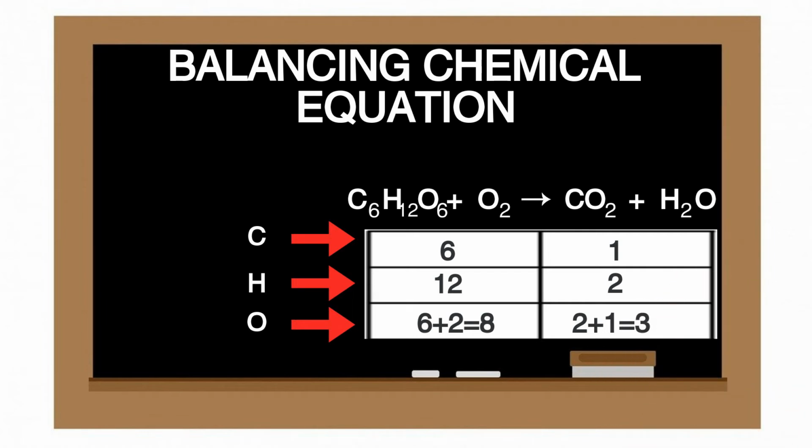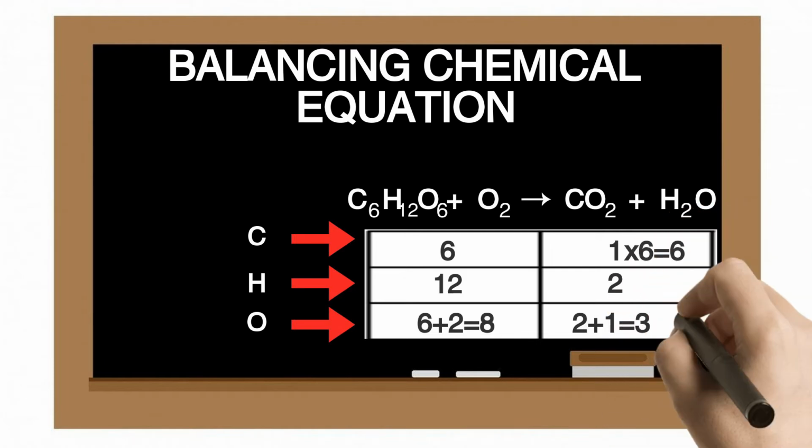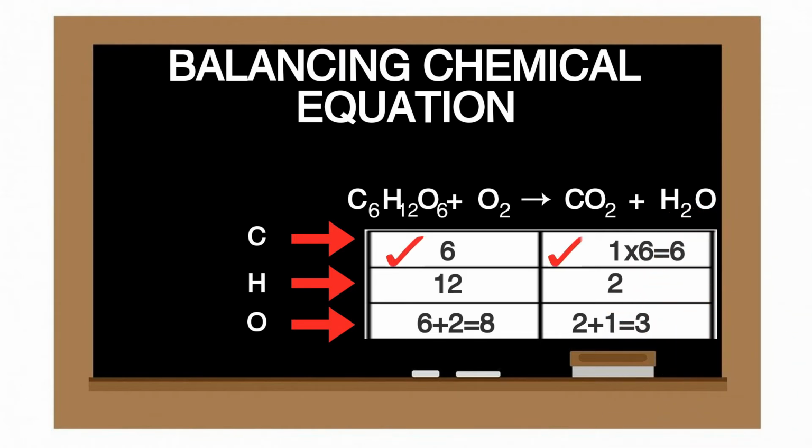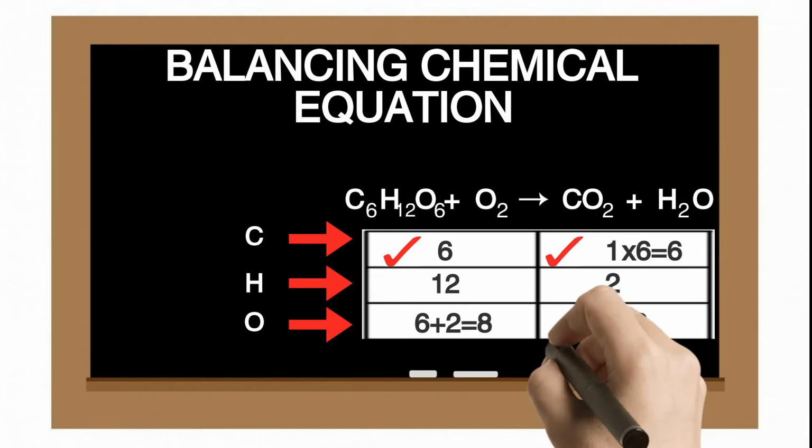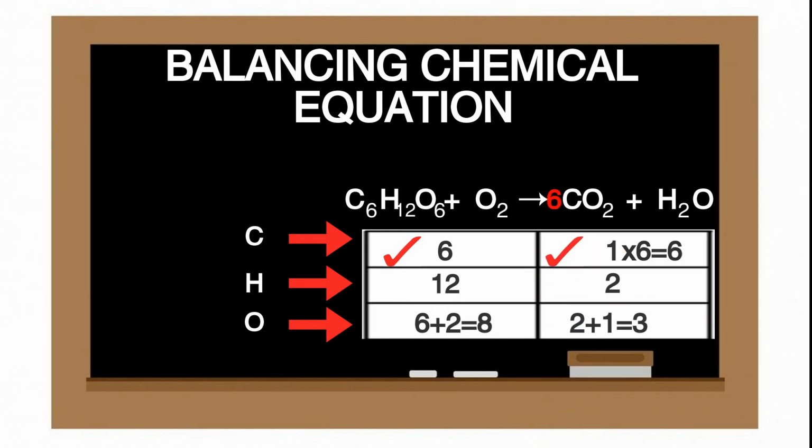Here carbon in reactants has 6 atoms and carbon on the product side has only 1 atom. Now let's balance it by multiplying it with 6, and now the number of atoms of carbon in reactants as well as in products is balanced. In products, we need to add 6 as a coefficient of CO2.